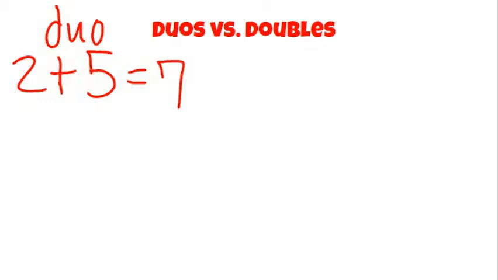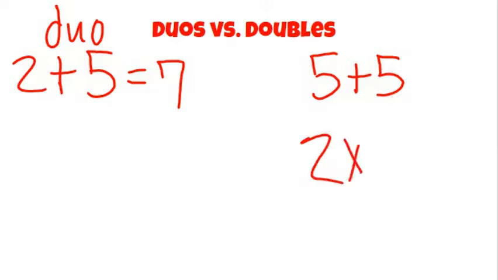A double, though, is when you have two of the same number. So instead of 2 plus 5, I would have 5 plus 5. I'm doubling 5. But with multiplying, instead of adding up the same number, 5 plus 5, I'm going to say it's 2 times 5, because I have 5 2 times. Which, by the way, equals 10.